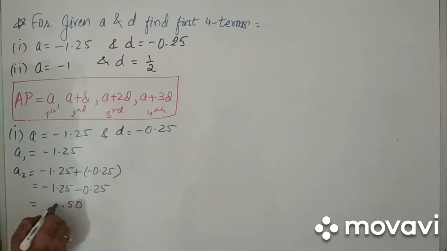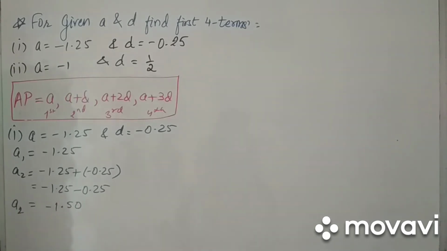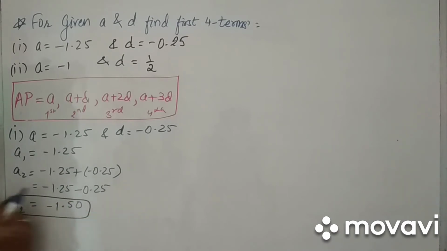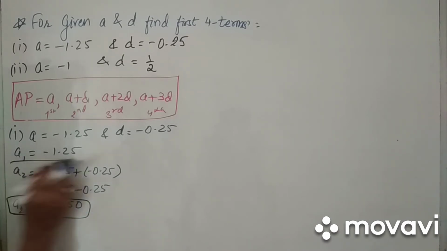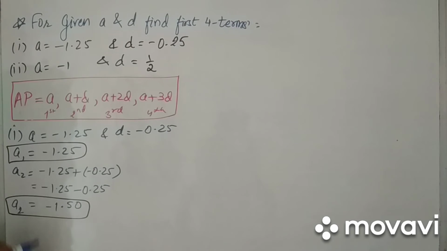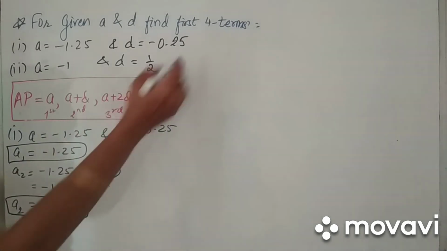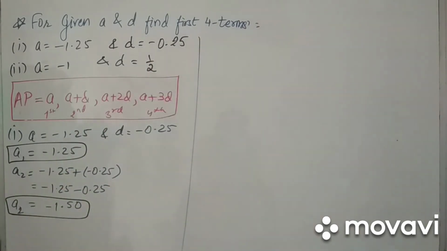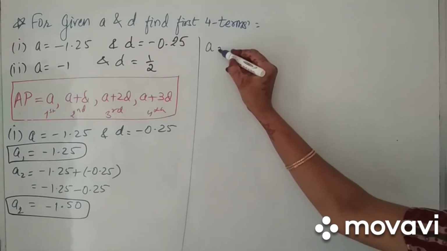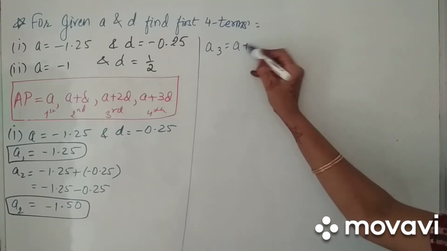We get minus 1.50. So A2 is minus 1.50, and A1 is this one. Next would be our A3 and A4. A3 is equal to A plus 2D.